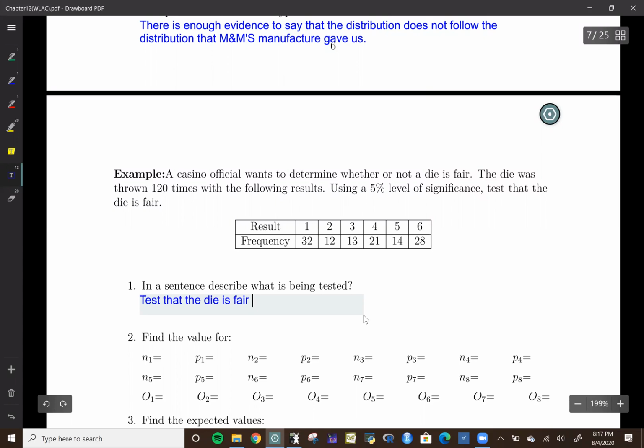Well, if you think about it, a die has six sides. So that means every number should happen 1 out of 6 times. So test that the die is fair by seeing if each outcome occurs 1 out of 6.